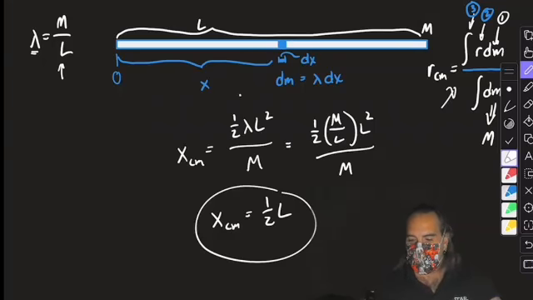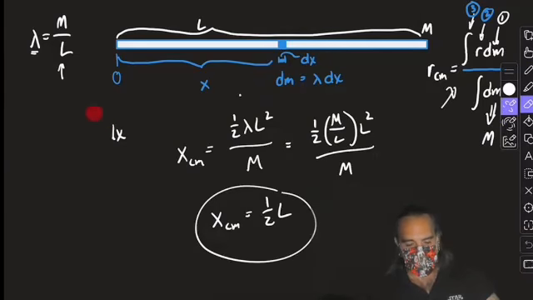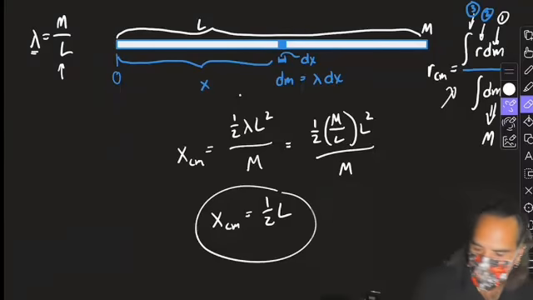Also, the only difference between this and moment of inertia is it wouldn't have been x, it would have been x squared from 0 to L. You do this, you would have gotten a moment of inertia of the system. So if you can do one, you can do both. Every other step is exactly the same. So that's why it's good to have some practice, good to have a place to start.